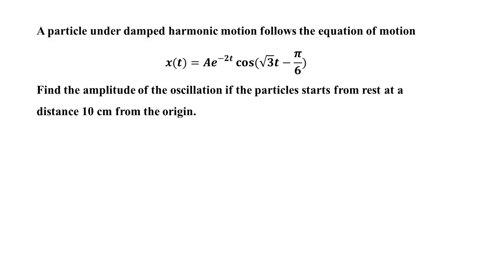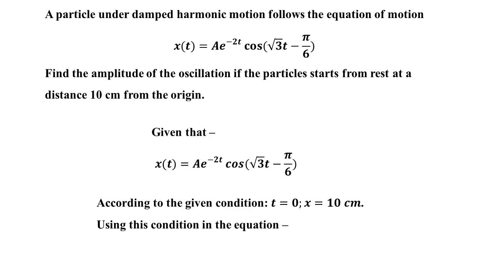We have to find out the amplitude of the oscillation if the particle starts from rest at a distance 10 centimeter from the origin. Now according to the problem, it is given that at t is equal to 0, that is initially, it starts from x equal to 10 centimeter away from the origin. So at t equal to 0, x is 10 centimeter.